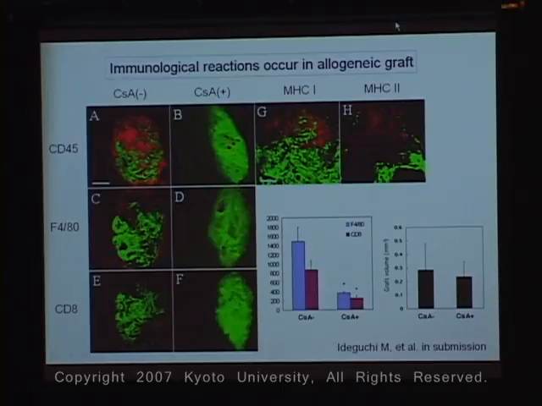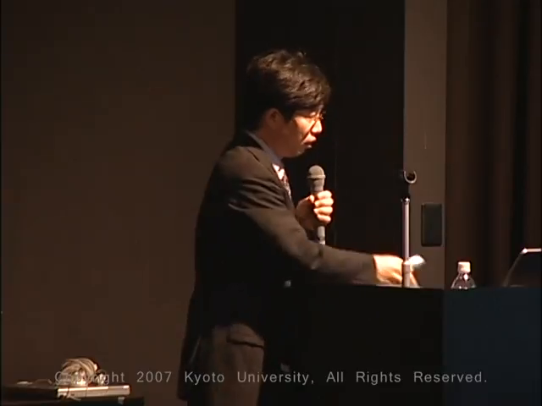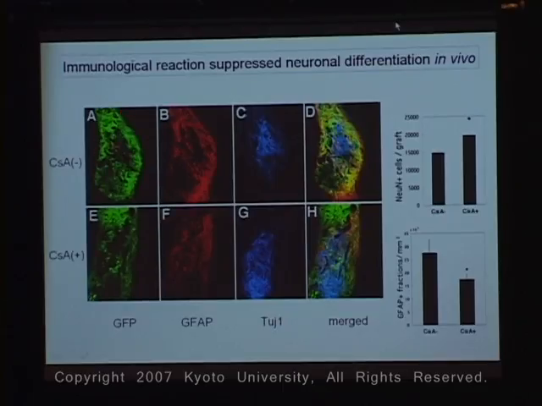But interestingly, the graft volume, the size of the graft, did not differ irrespective of the use of the cyclosporine. But if you look closely, the number of the GFAP positive astrocytes or the number of the TUJ1 positive neurons are different.